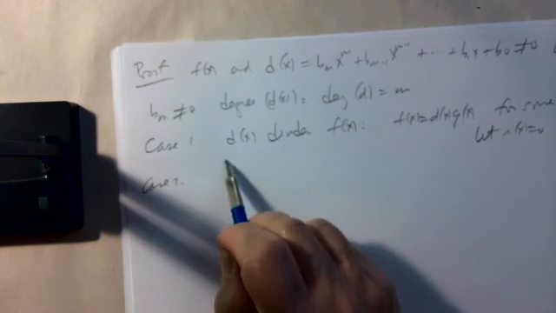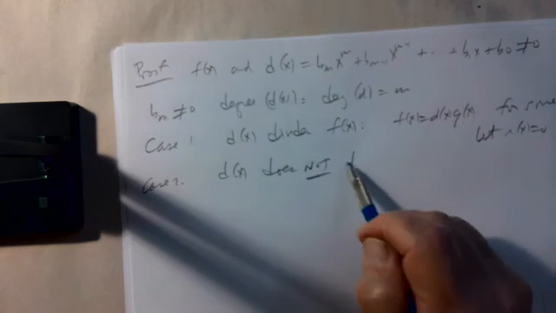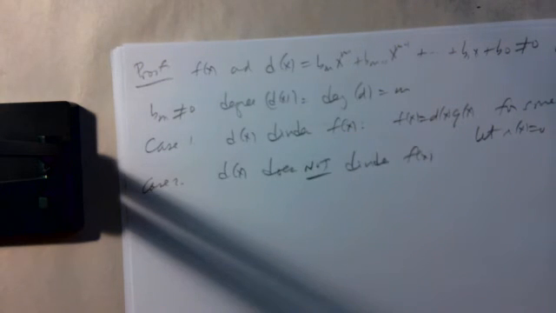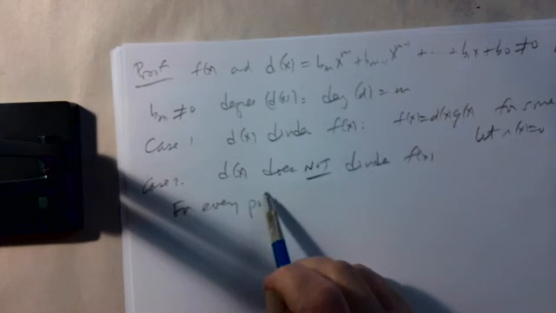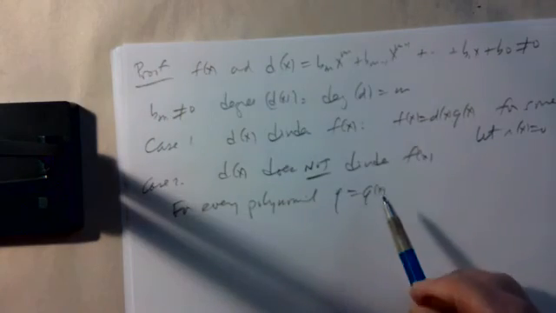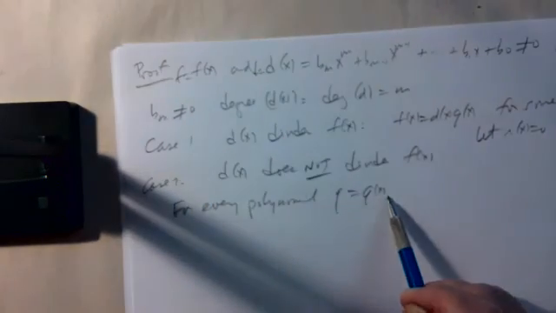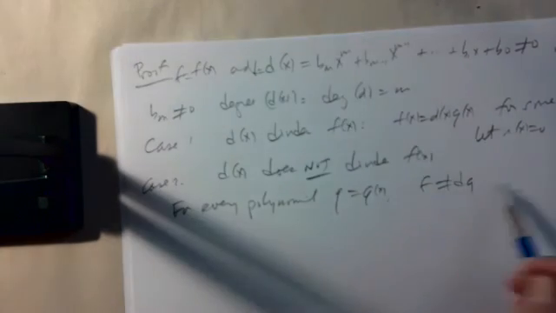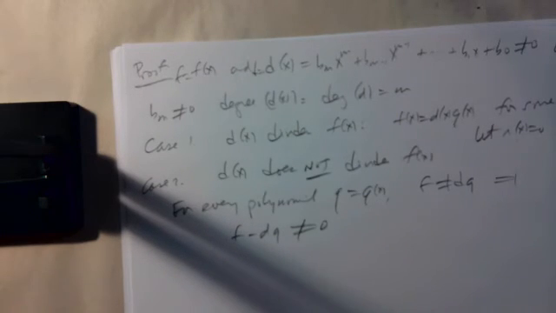So in the second case, d of x does not divide f of x. And what that means is, for every polynomial q of x, I'm just going to write f for f of x and d for d of x, for every polynomial q, f is not equal to dq, or f minus dq isn't 0.